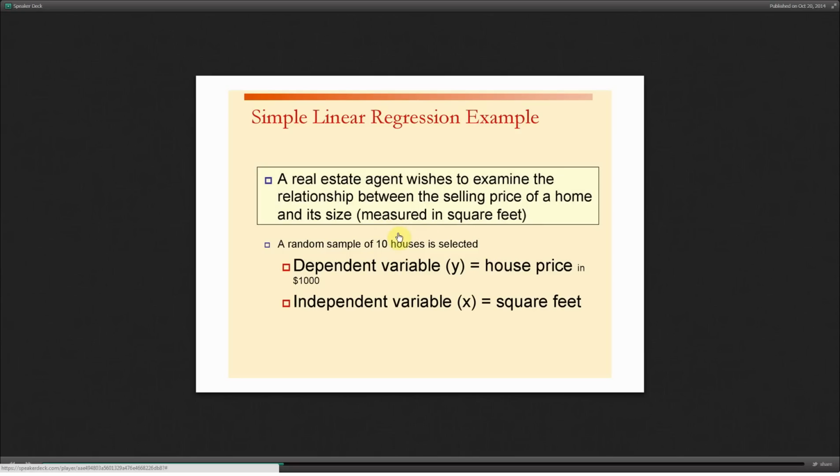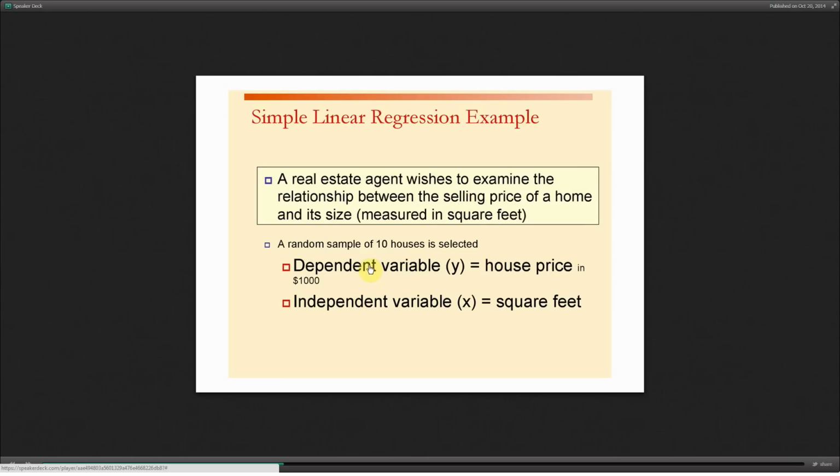In other words, the larger the size of the home, the higher the selling price. But it's not going to be a precise, exact relationship. There are other factors that determine the selling price of the home, not just the size, but it's going to be some of it. So given the size, I should be able to predict, at least to some degree of accuracy, what the selling price is going to be.